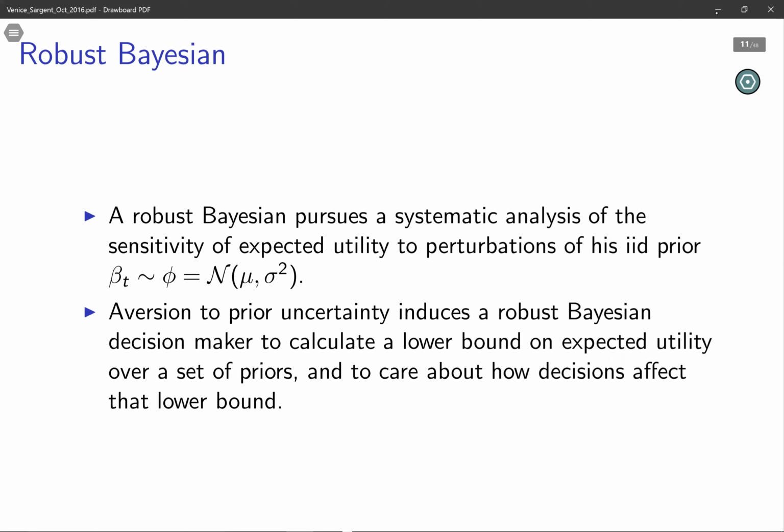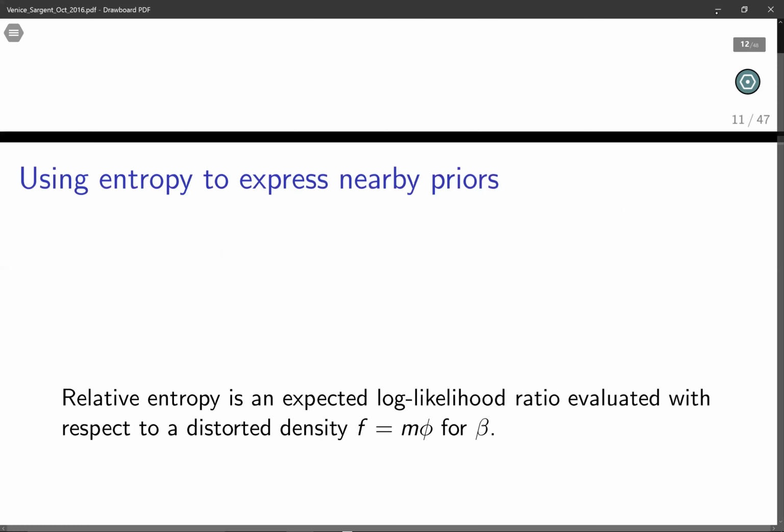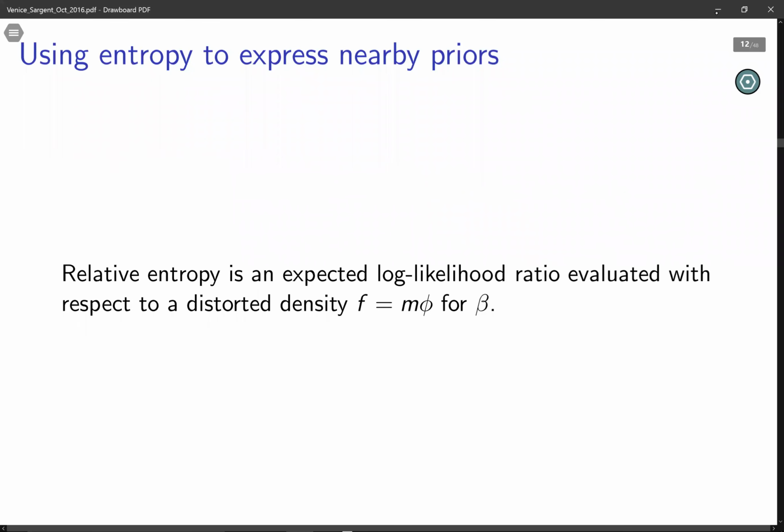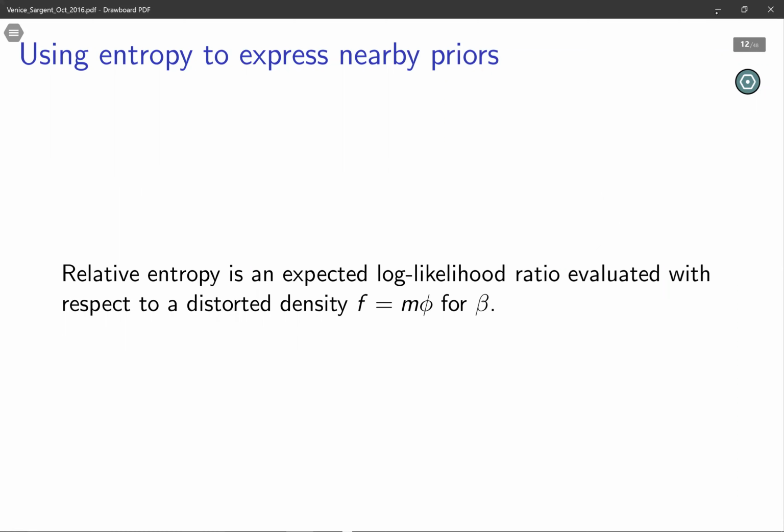He's going to construct this lower bound not because he thinks the worst is going to happen, but because that lower bound is going to assure adequate performance across a whole range of priors. That's going to be the philosophy. So how are we going to implement that? We're going to use relative entropy to express the notion that priors are near the baseline Friedman prior.